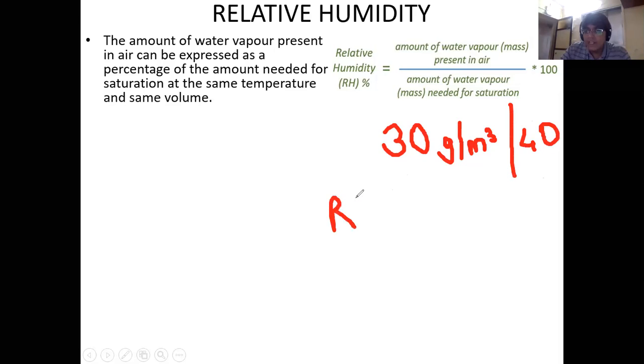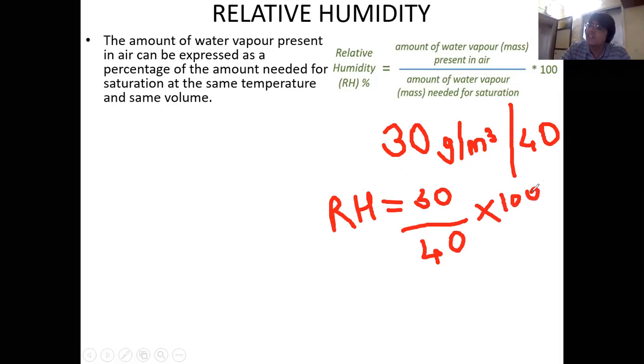Then the relative humidity will become 30, that is the amount of water vapor already present in air, divided by 40, that is the amount of water vapor needed for saturation, multiplied by 100. This is simple percentage calculation. Okay, this cancels, so it comes to how much?